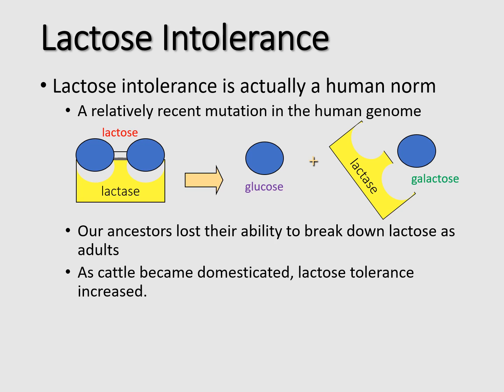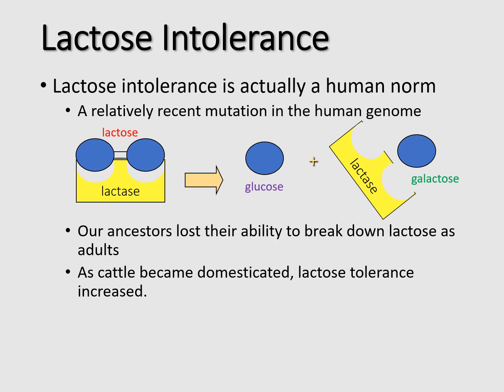So now just to finish up with something kind of interesting about lactose intolerance. Now that we know what lactose is, it's a disaccharide that's found in milk. And actually, lactose intolerance is the norm, meaning that all animals, including humans, become lactose intolerant when they grow up. So really only growing animals should be drinking the mother's milk.